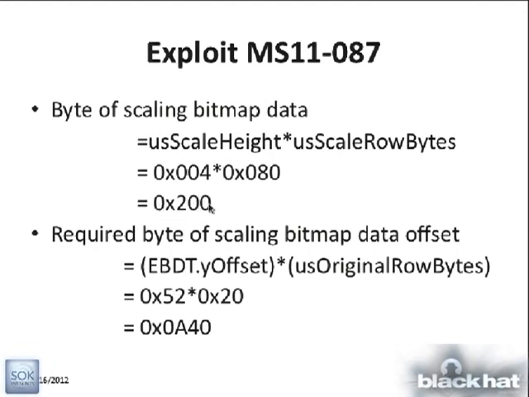However, with the specially crafted TTF font, with the Y offset equal to 52, after we do the calculation, what we get is a required byte of scaling bitmap data offset equal to A40, which is much bigger than the original it should be. Thus it can override the next function.